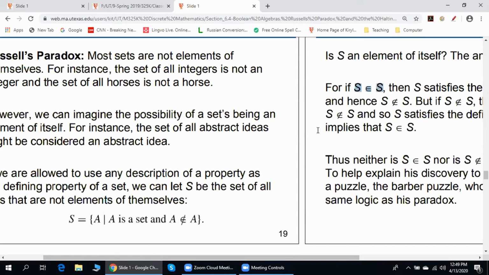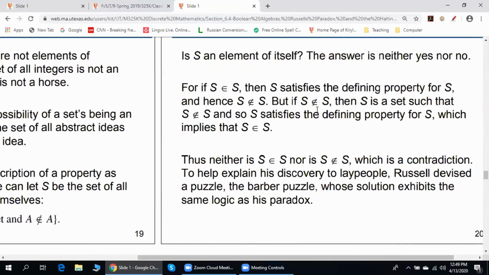Since S does not satisfy this property, S cannot be an element of itself. Therefore, S is not an element of itself, and we get a contradiction. If S is an element of itself, S is not an element of itself.